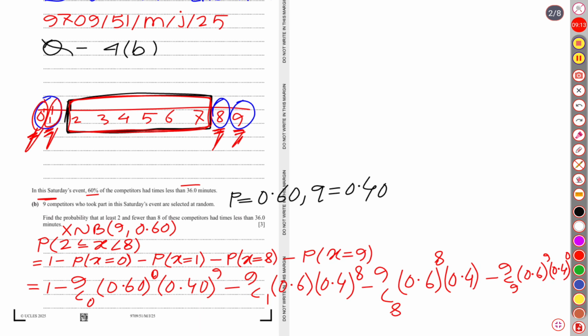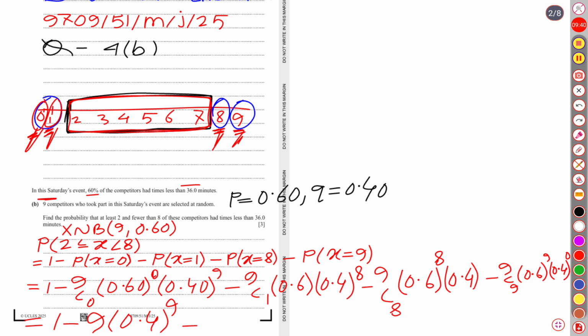Now, if we write 1 minus 9 choose 0, it means... because if you choose no one from 9 people, there are 9 ways to choose them, and as the exponent power is 0, it is 1. It means simply 0.4 raised to 9.